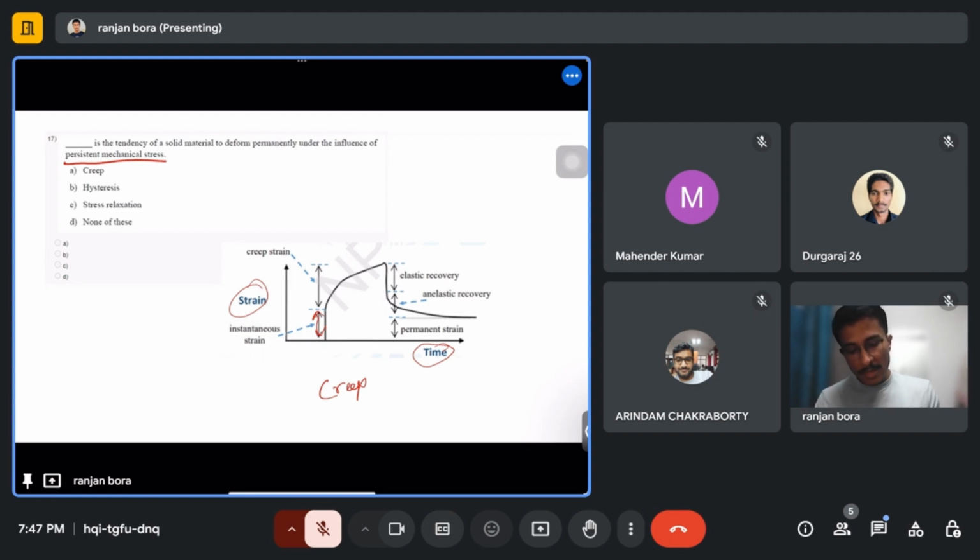We can see some instantaneous strain which will get produced in the material, and after that the strain will increase gradually with respect to time, and this strain is known as creep strain.